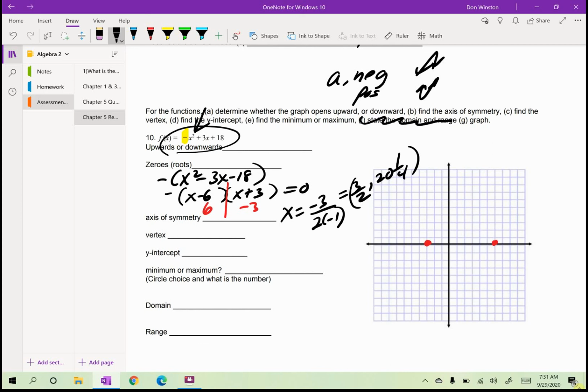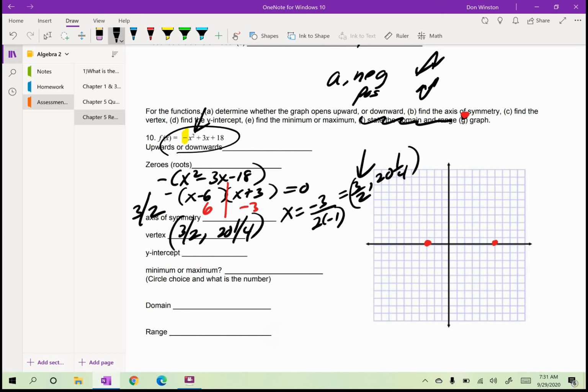So it'd be way up here somewhere. Right? So the axis of symmetry, well, that's just 3 halves. The vertex we said was 3 halves and 20 1/4.